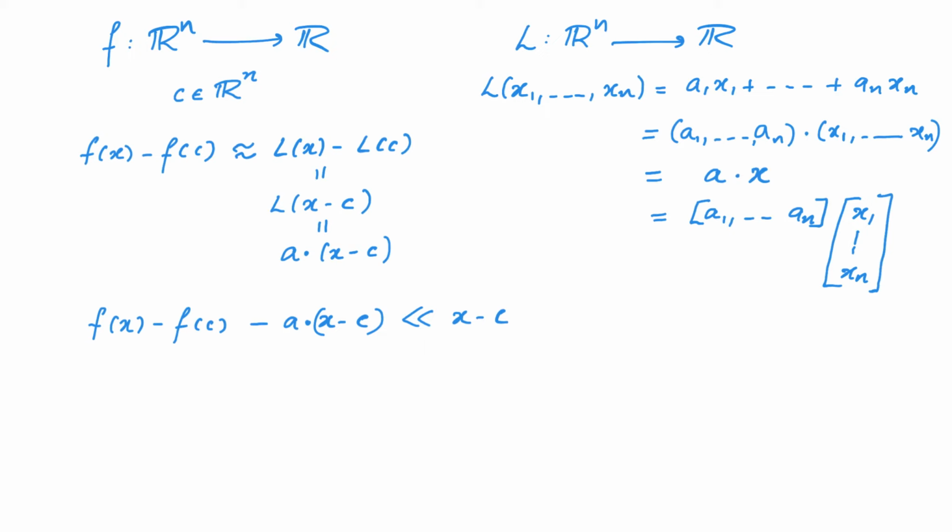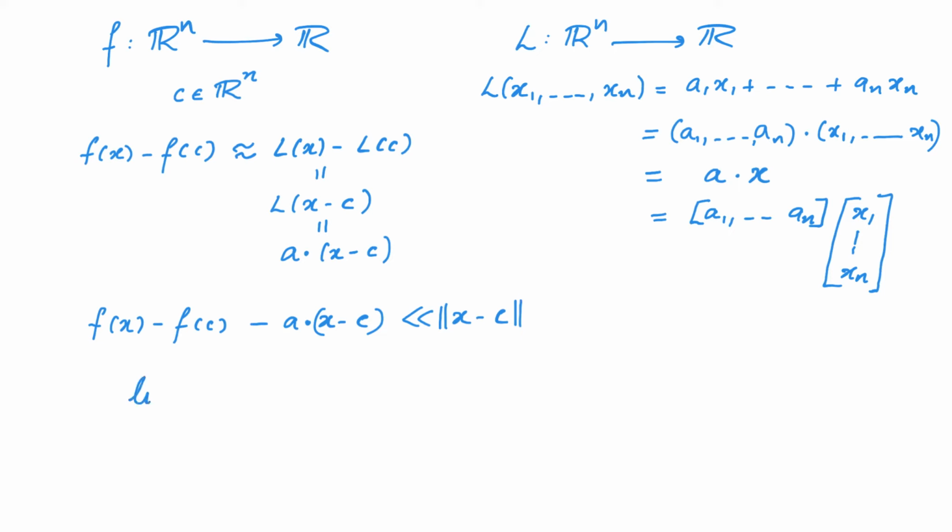However, in this case, x minus c is a vector, but the left hand side is a number. So, for this explanation to make sense, we will have to take the norm of x minus c. So, what we get is that f of x minus f of c minus a dot x minus c is smaller than the norm of x minus c. Or in other words, what we want is that this quantity converges to 0 faster than this quantity as x tends to c. That's what we want.